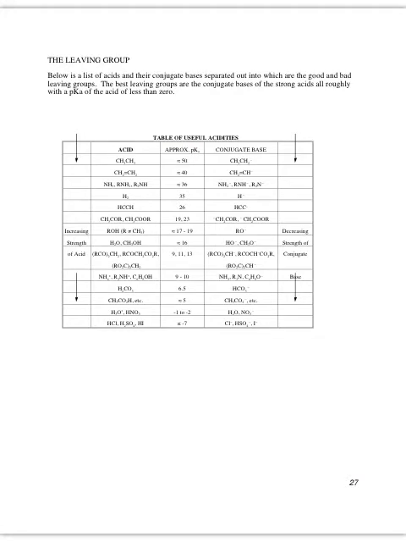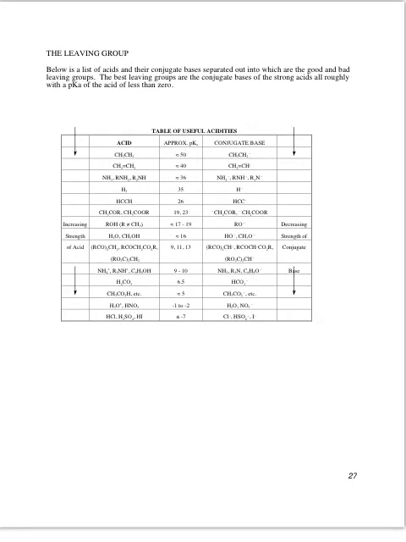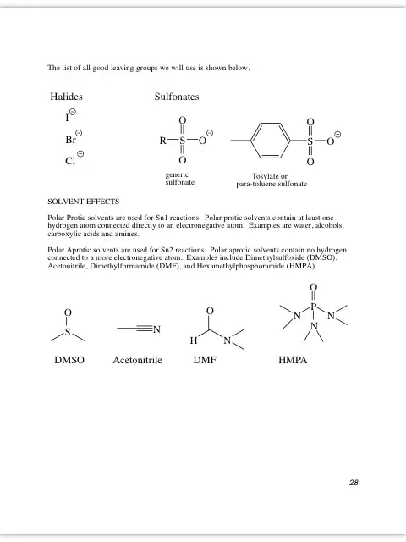Here we'll continue on with part 5 of substitution reactions. And the leaving group, remember, a good leaving group is a weak base. Weak bases are these down here that are the conjugate base of a strong acid. So things down in here are good leaving groups, and keep that in mind as you're going along.